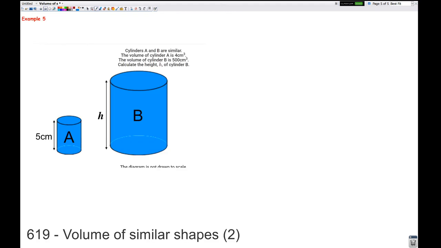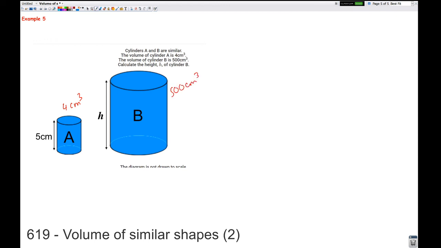Another example really similar to this one, which will set you off on the next Hegarty task. They're similar shapes, so that's why we know there's a scale factor. The volume of the smaller shape is 4 centimetres cubed. The volume of the larger one is 500 centimetres cubed.